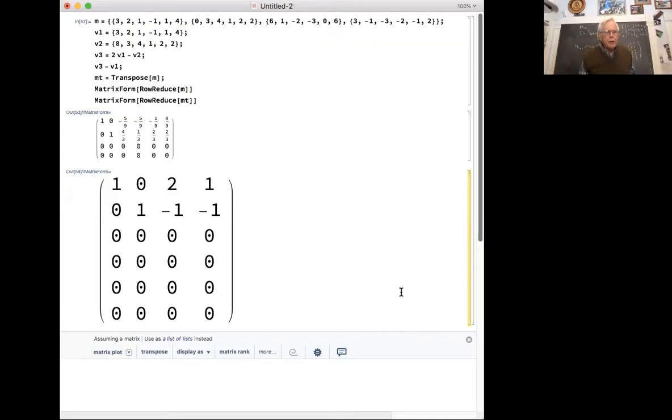So here's what we get. 1, 0, 2, 1. And 0, I neglected in what I did, I didn't actually add on the 0 column. 0, 1, minus 1, minus 1, 0, and then all the rest are zeros. So throughout this area, you get all zeros.